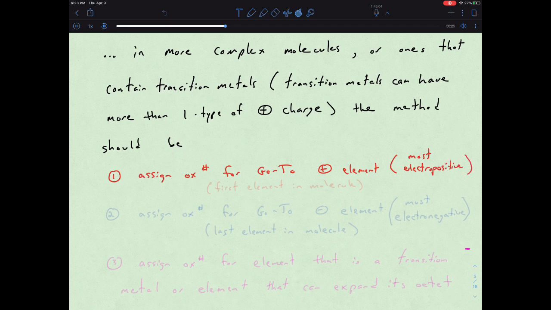And then the second step would be to assign the oxidation number for our go-to negative element, or the most electronegative.